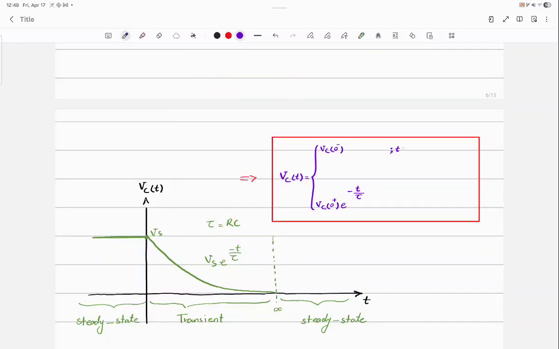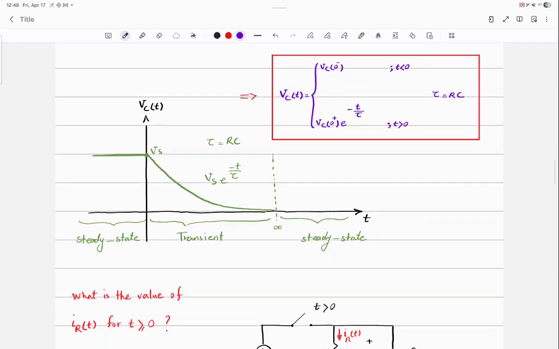That is for negative time, and that is for positive time. The only difference compared to the RL circuit is that your time constant is RC instead of L over R. Okay? You see the shape, the plot, everything is the same. The only difference is that your time constant becomes RC instead of L over R. Okay?